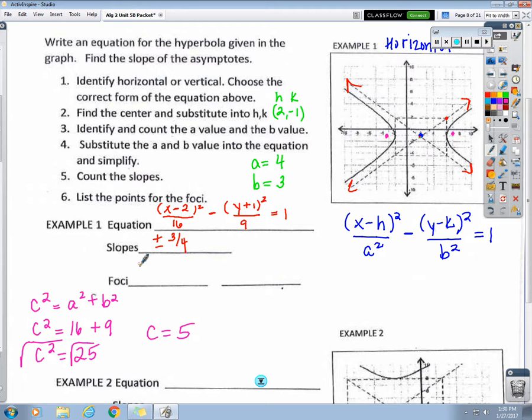Okay, now we need to write the coordinates of those 2 points. Well, to get to this one over here, how many units do you have to go to the right? 7. It's over at 7 and down 1, so 7, negative 1. And to get to this point over here, you have to go left 3 and down 1, so negative 3, negative 1.